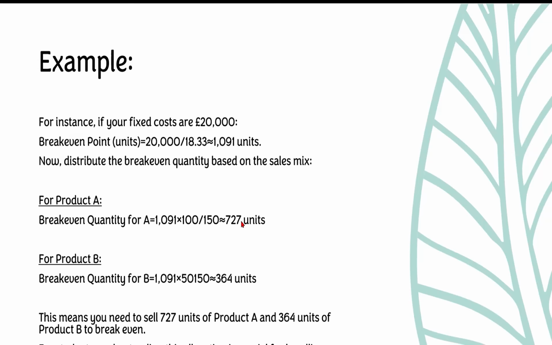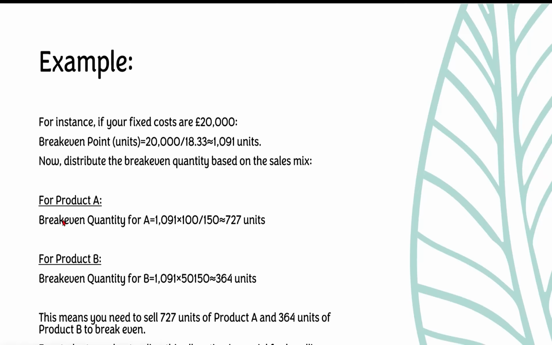So now let's take the example. For instance, if our fixed cost is 20,000, the break-even point in terms of units is 20,000 divided by the weighted average contribution per unit that we calculated earlier, that is 18.33. This will give our BEP units of 1091. Now let's distribute this break-even quantity based on the sales mix.